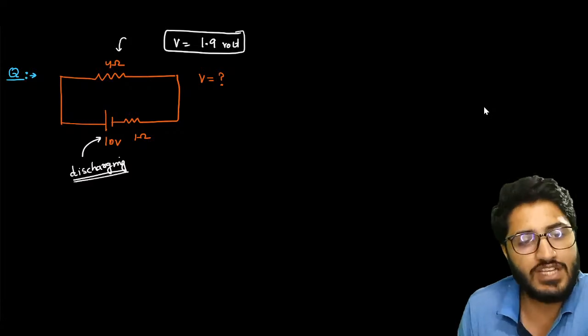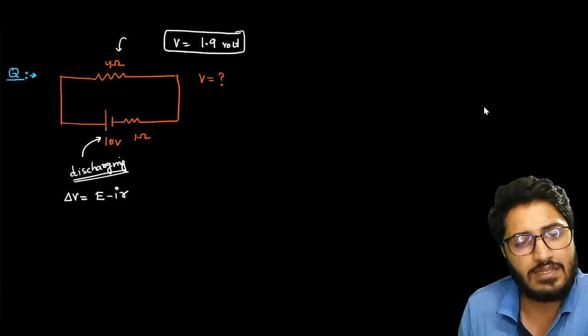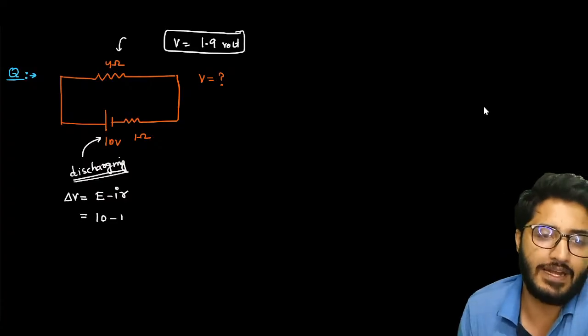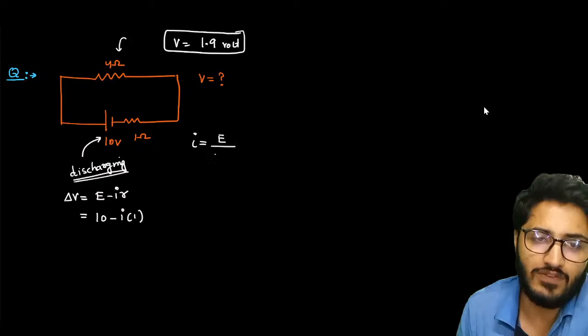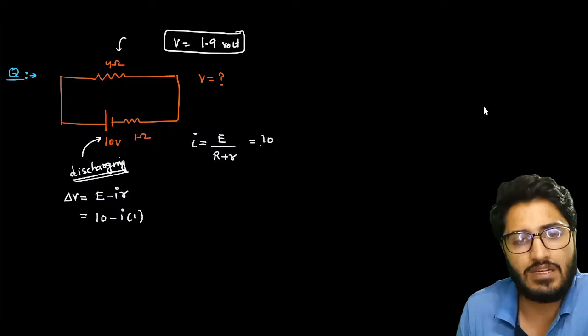For the discharging case, my delta V equals E minus IR. Simple. What is E? E is 10. It is 10 minus I times 1. I we don't know, so I need to find out I. So what is I? Sir, I is E divided by R plus r. E is 10, R is 4, this r is 1.